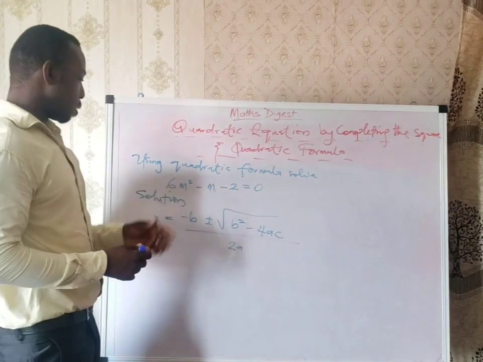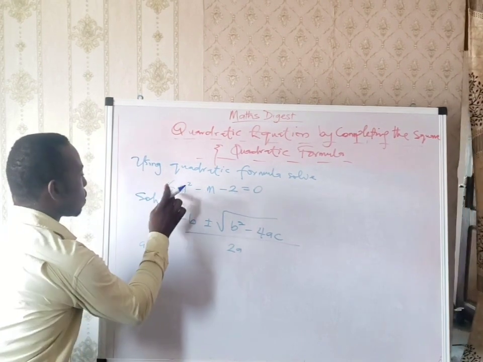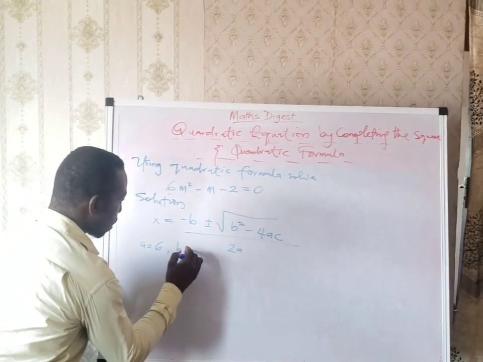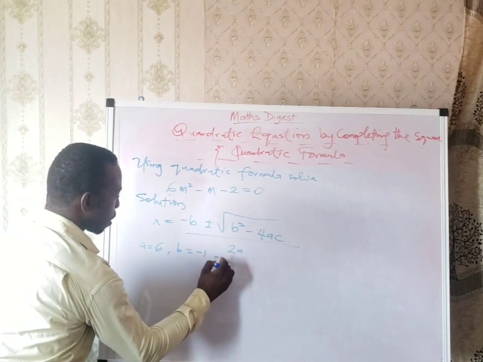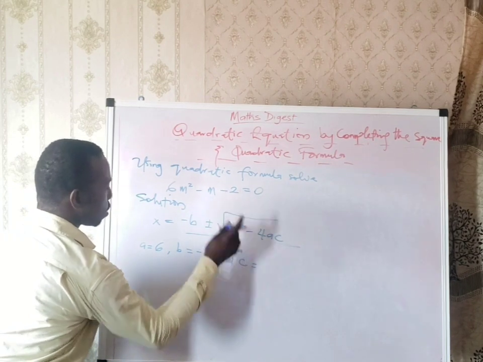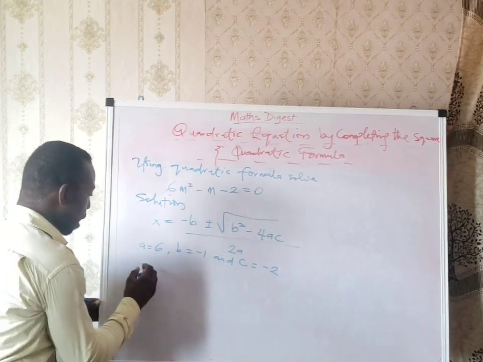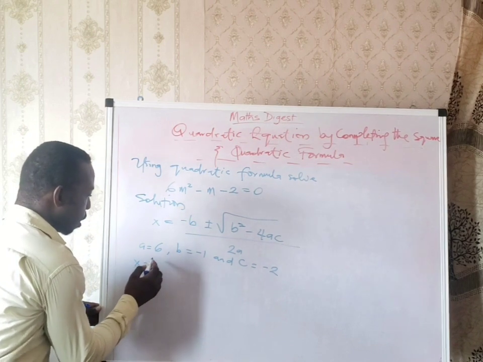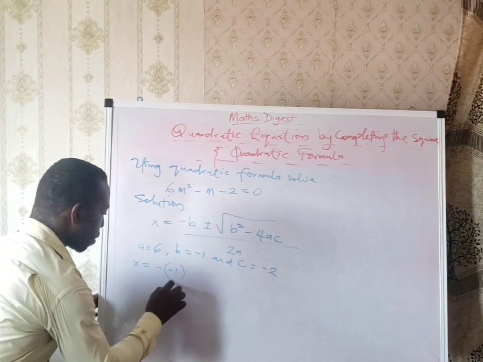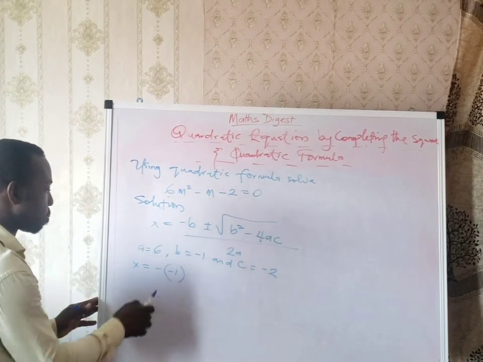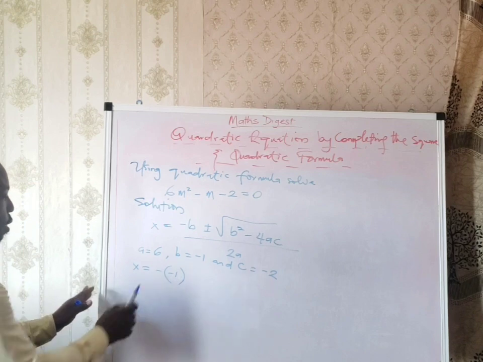Now, if you employ this to this, what that means is that a is equal to 6. That's this first one here. And b is equal to minus 1. And c is equal to minus 2. Good. Now, representing all this with this formula, we have x equal to, b is minus 1, so we still have minus 1. Remember, this formula has minus here, so you have to leave it outside while you represent the value of b.